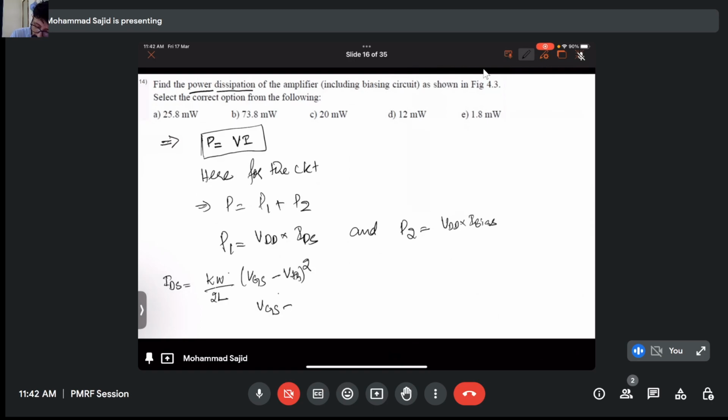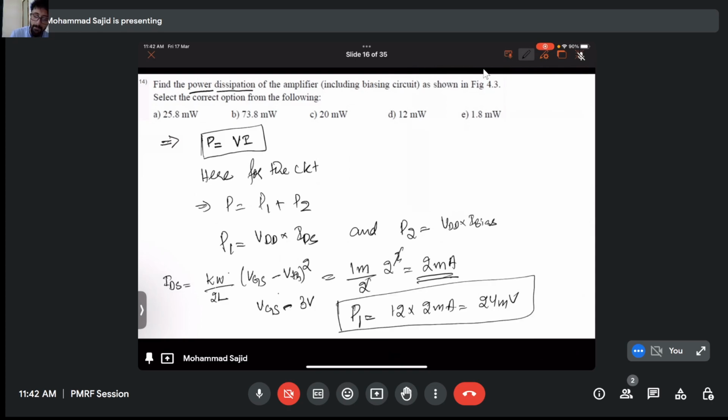VGS we already calculated, it comes out to be 3 volts. With the milli factor, 3 minus 1 is 2, squared. So the current is 2 milliampere. So my P1 will be equal to VDD, 12 volts, times 2 milliampere. That is 24 milliwatts. This is one.